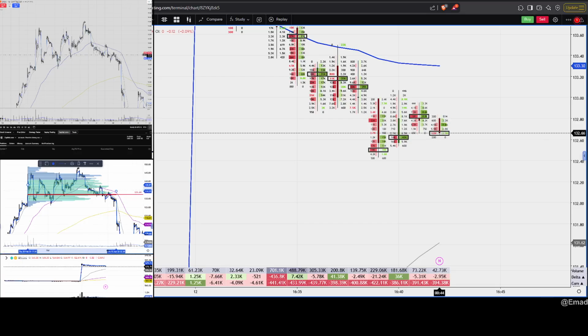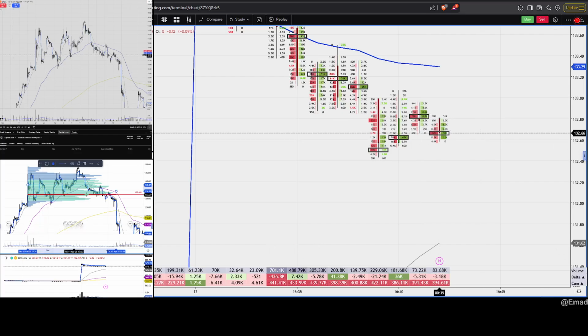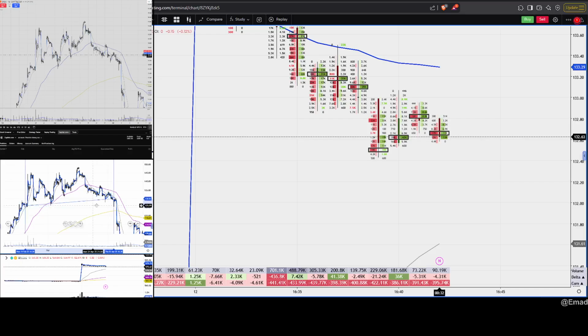POC is 132.48. Oh yeah, I forgot about that. It might bounce off the POC. It can bounce off the POC.